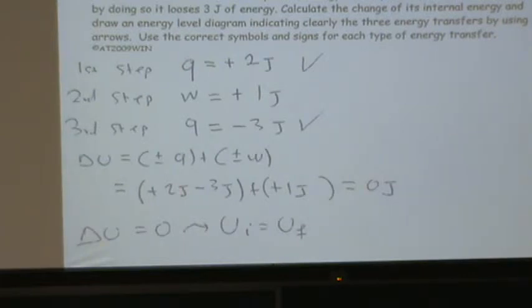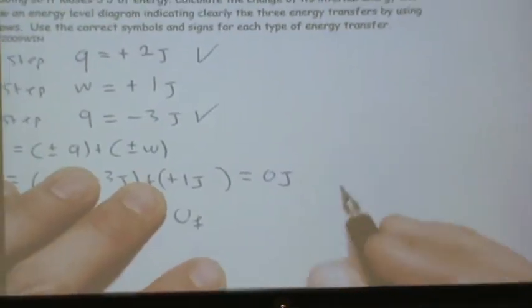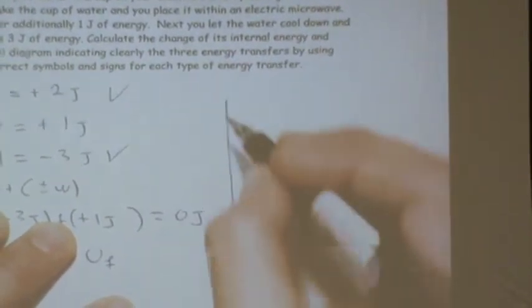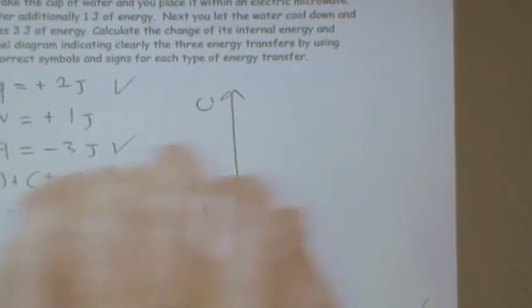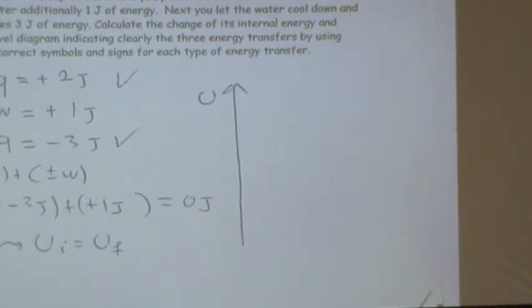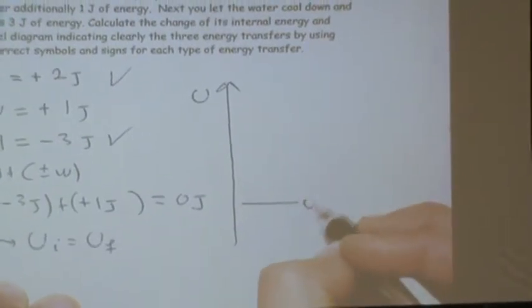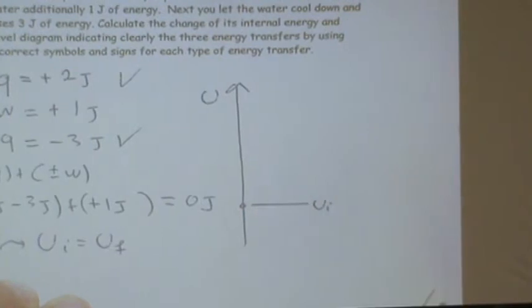So now we're going to do the energy level diagram, yes? So what kind of energy are we talking about? Internal energy, right? So here is internal energy. And we start with initial energy. Well, let's say this is our initial internal energy. Right there.